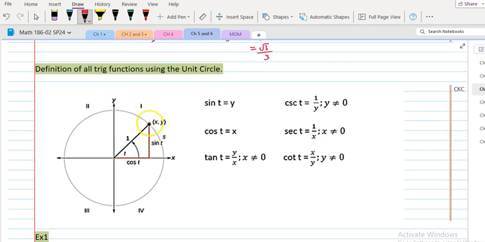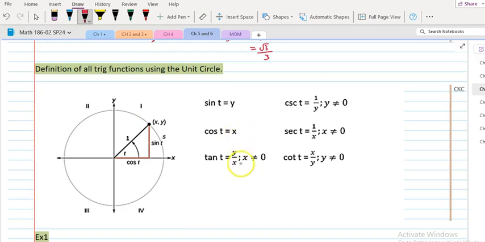It will cut the unit circle at the point x comma y. X is cosine, y is sine. So this was from chapter 5.1. Now the third one, tangent, is the y value divided by the x value, provided x is not 0.